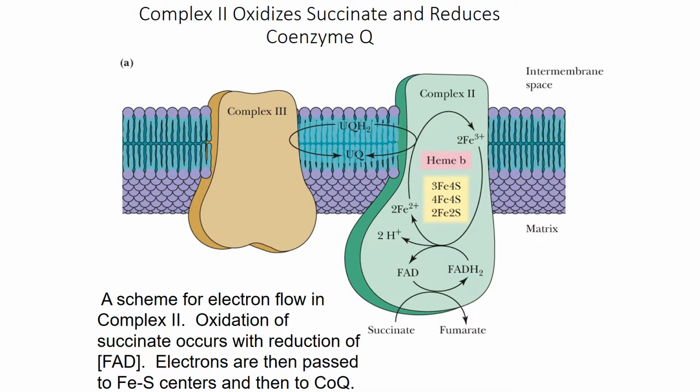The second complex we're going to look at is complex 2, and this is succinate dehydrogenase from the citric acid cycle. It's more like a tributary.